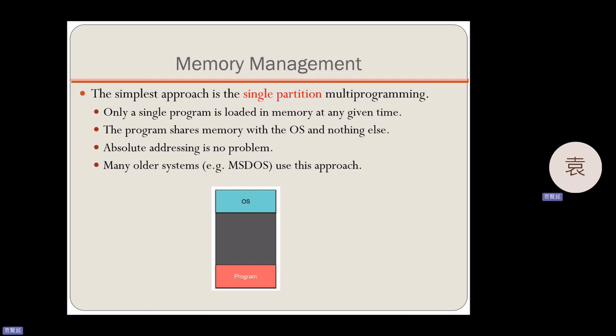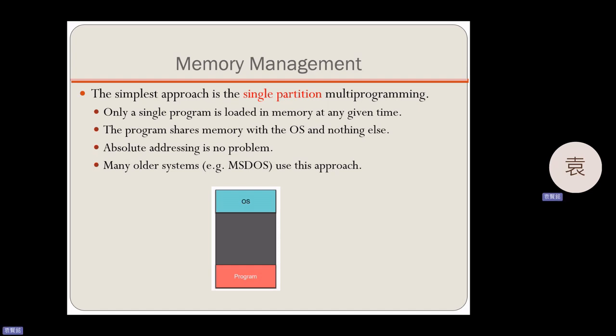operating systems, especially for personal computers. We call it single partition multi-programming. That means the memory only holds two programs. One is the operating system, and the other is a running program, a process. So only a single program is loaded in memory at any given time. The program shares memory with the operating system.